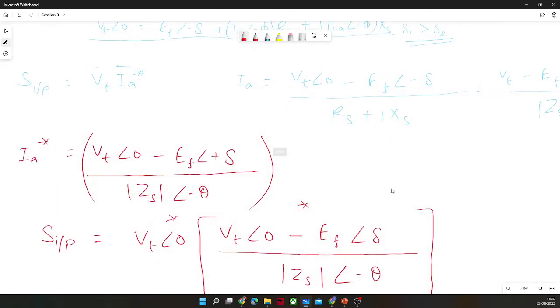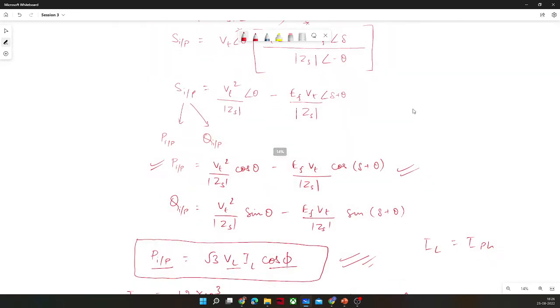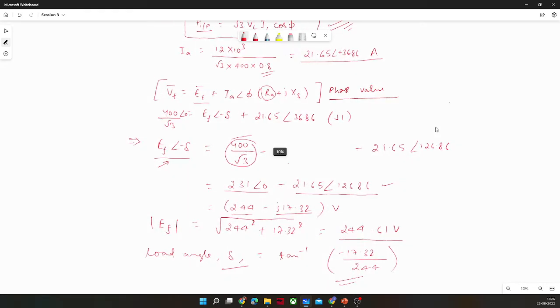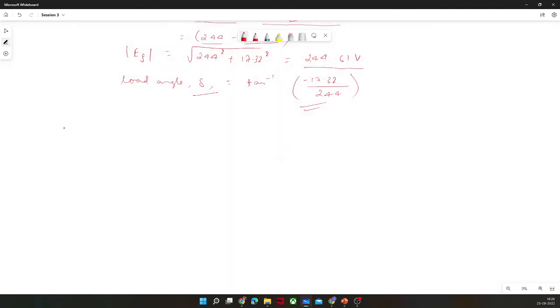I want to derive this formula for developed power as well. So what would I have done for S developed?